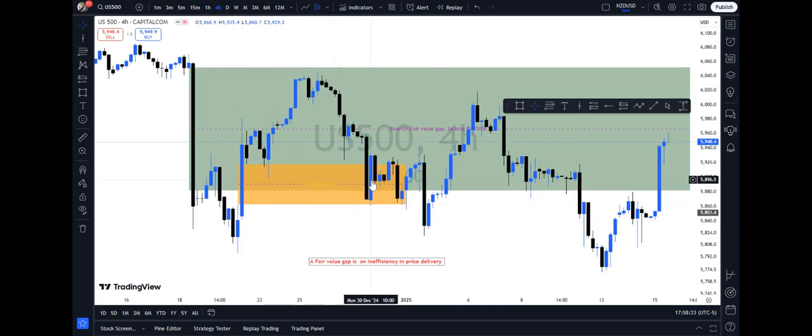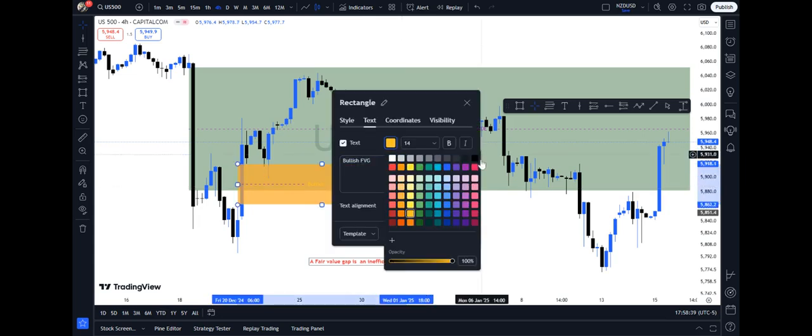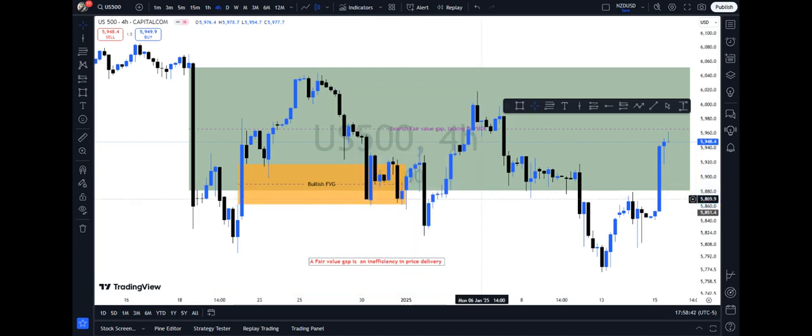Why is it called a bullish fair value gap? It's called a bullish fair value gap because price gave us delivery to the upside and left this space open. So this is a bullish candle, and that's why I classify this one as a bullish fair value gap.